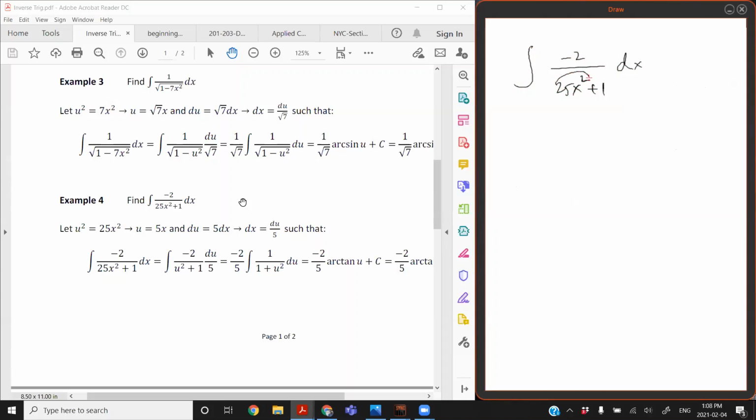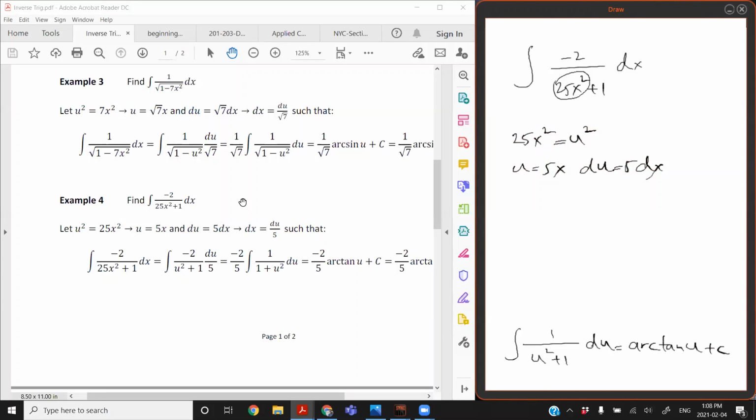Only if this was u squared, I could do this. 1 over u squared plus 1 du is arctan of u plus c. So 25x squared, it's supposed to be u squared. That means the u is 5x. So du is 5 dx.